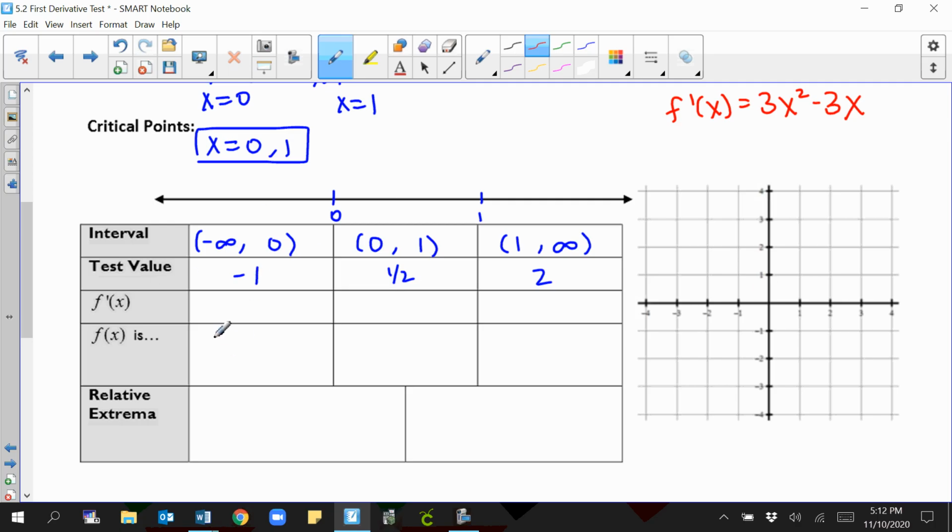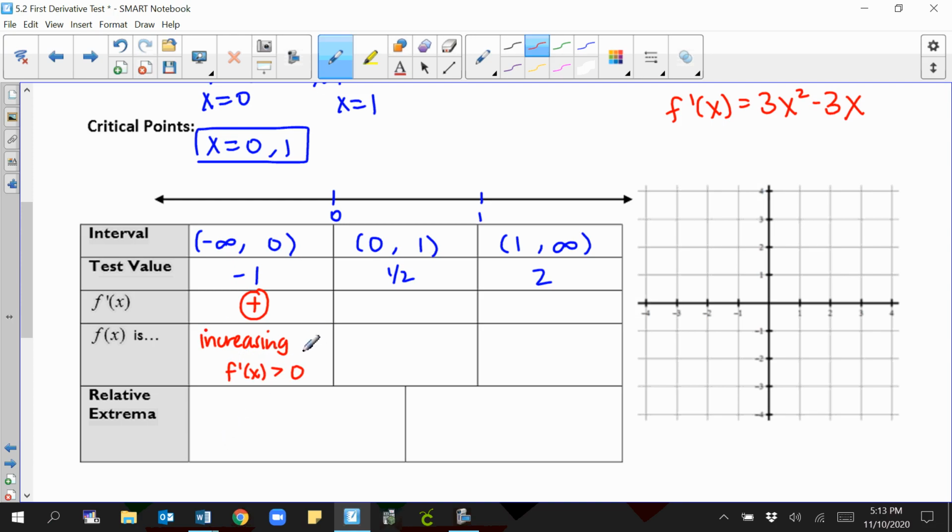So f prime of -1, well, -1 squared is positive, so that would be a 3 minus 3 times -1, which makes that positive again. So 3 plus 3 gives me 6, which is a positive number. So if it's a positive number, that means that my f is increasing, and I can say that because f prime of x is greater than 0.